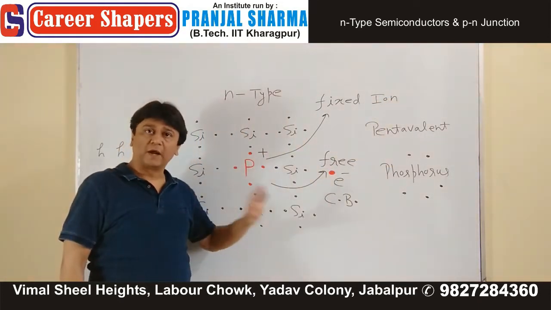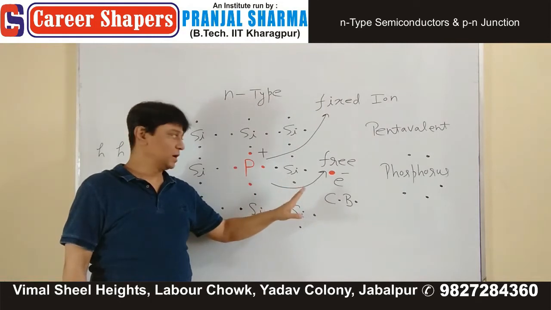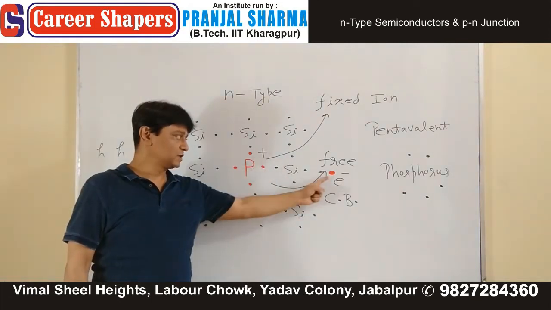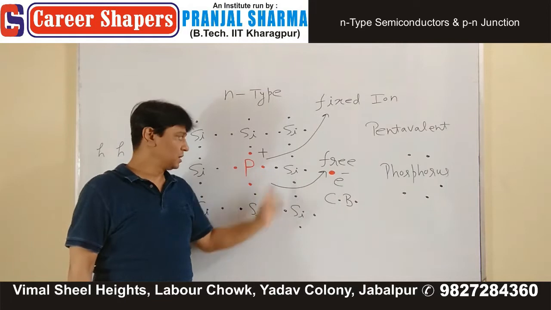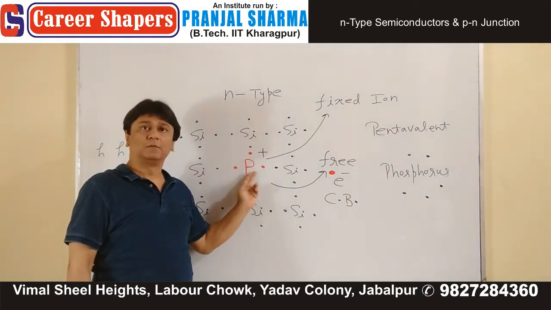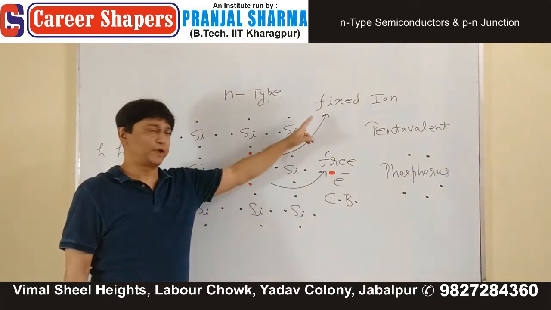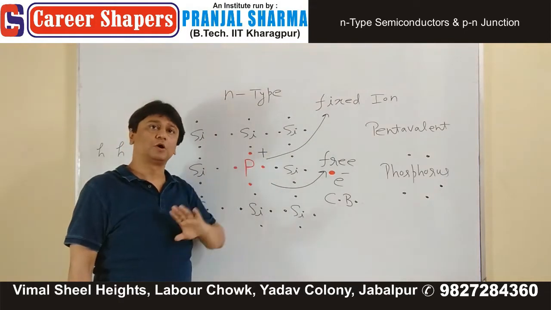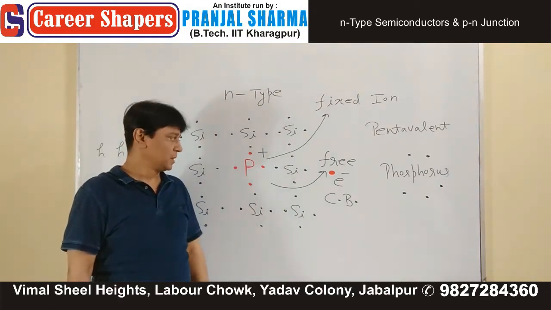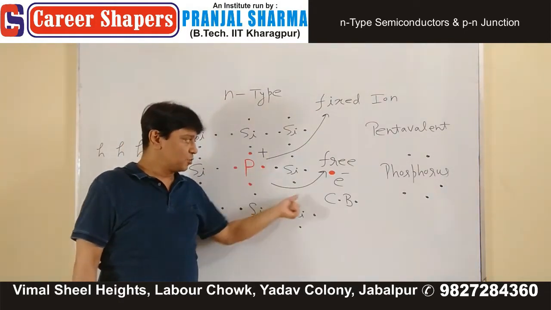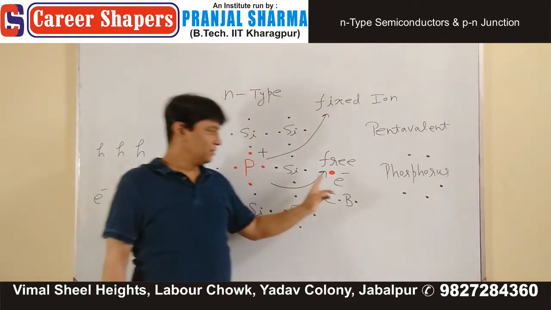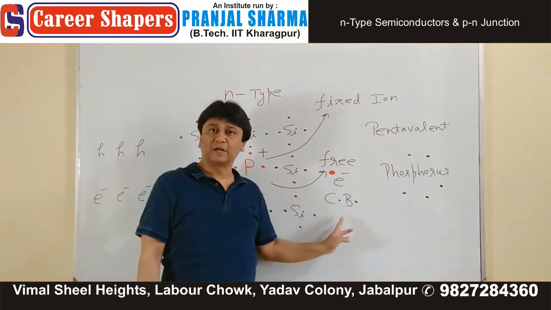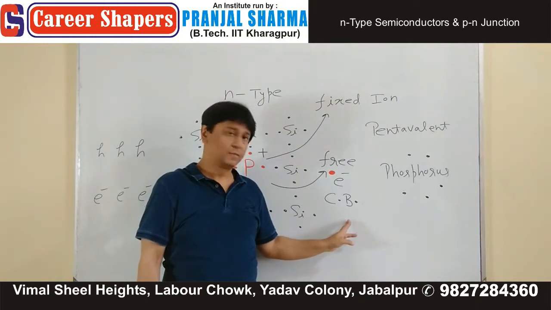We have not created any additional charge. This is positive, this is negative. But this positive ion is fixed, immovable, it is not going to move at all. It has provided us a free electron which is present in conduction band.